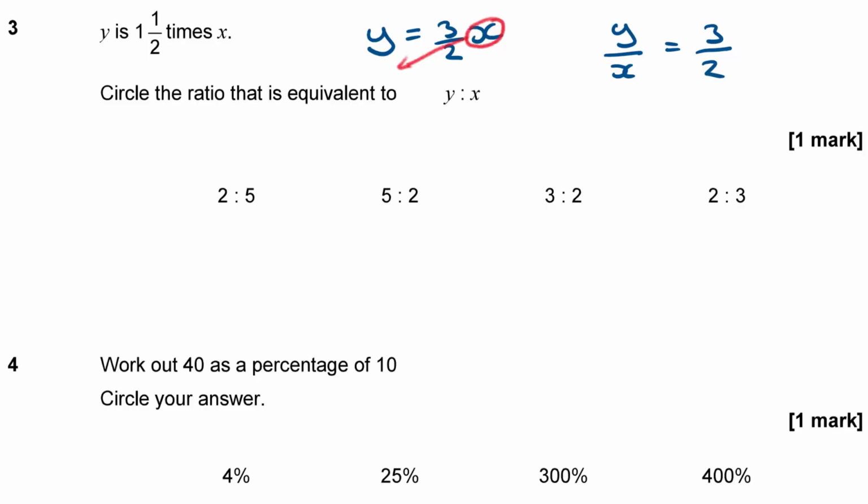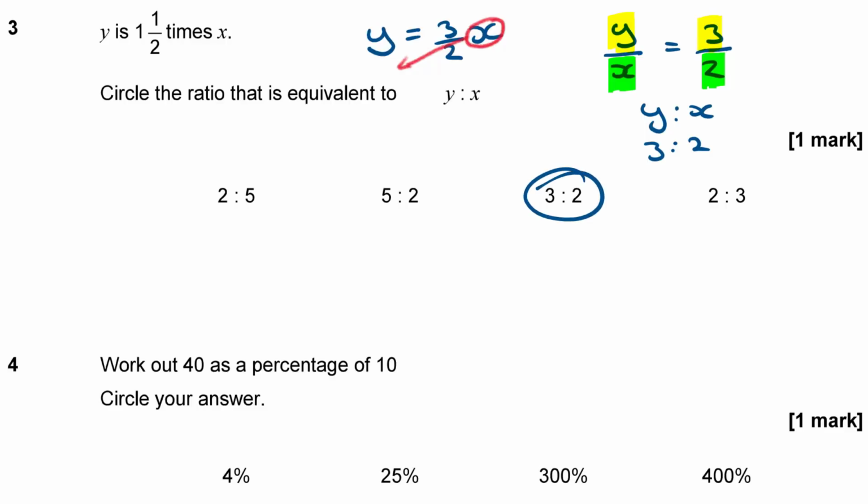Once it's in this form, it's really easy to rewrite it in a ratio. The ratio of this one over to this one is going to be this to this. In other words, the ratio of y to x is going to be 3 to 2, like that. So it's that one there.